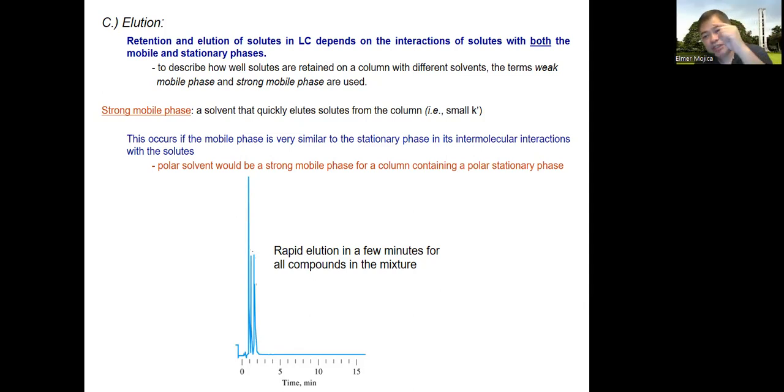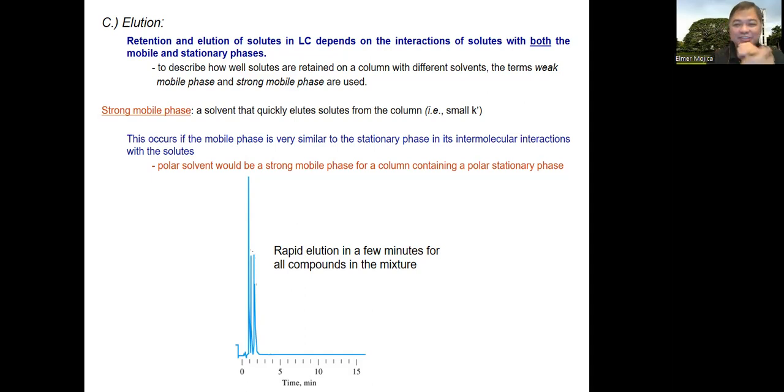Once they are separated, you're going to have what we call the elution. The elution depends on the interaction of the components of your sample with both the stationary phase and the mobile phase. So the one that will interact more with the mobile phase will elute in a short time or a longer time?